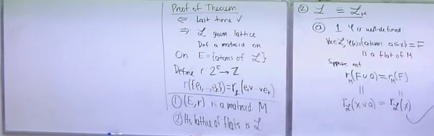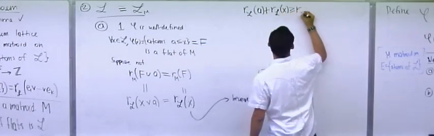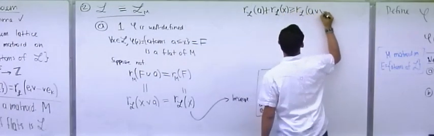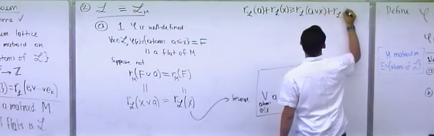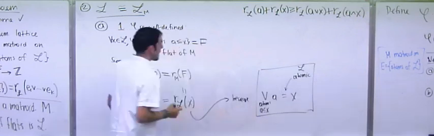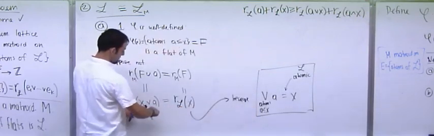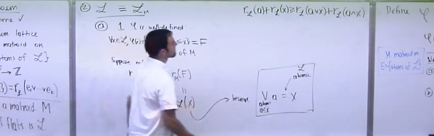And now I want you to notice this, that the rank, so again, I'm going to use some modularity, and then I use that the rank of X join A is the rank of X. So these two cancel out.